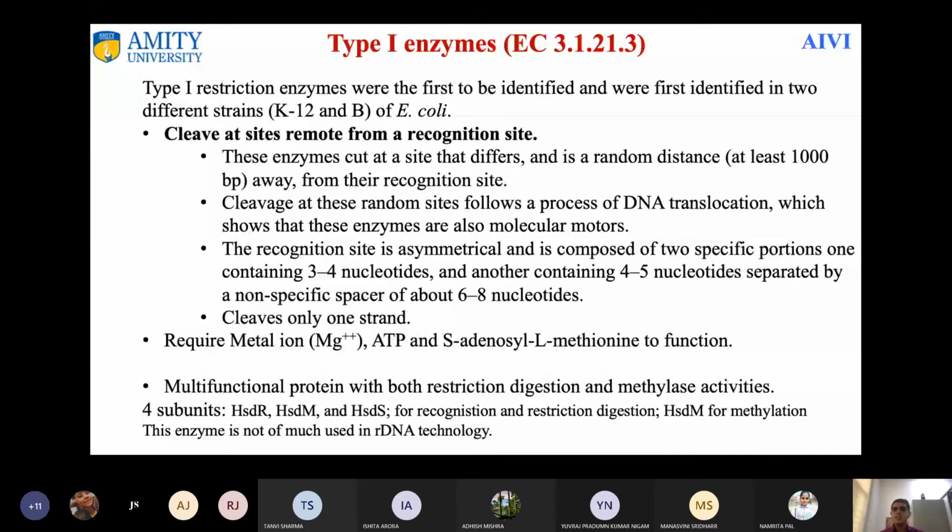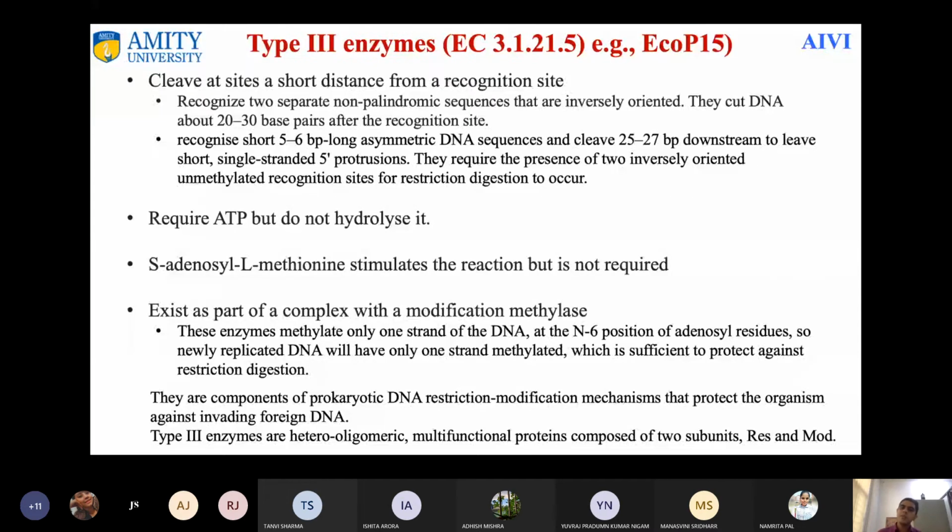Then I'm skipping type 2 and coming directly to type 3, because we are moving according to the property. So now you may list them as type 1, type 3 and type 2. Type 3 comes in between type 1 and type 2. What it means is that the enzyme cuts at a remote location, but now the remoteness is decreased.